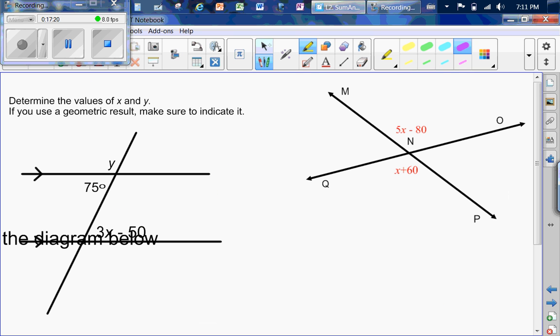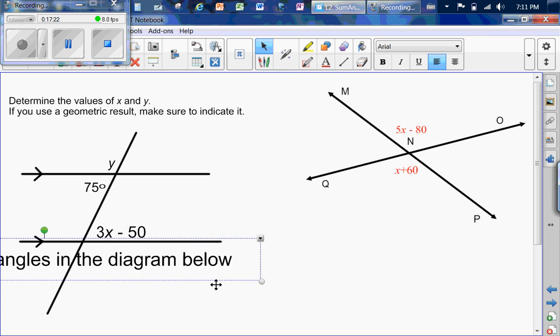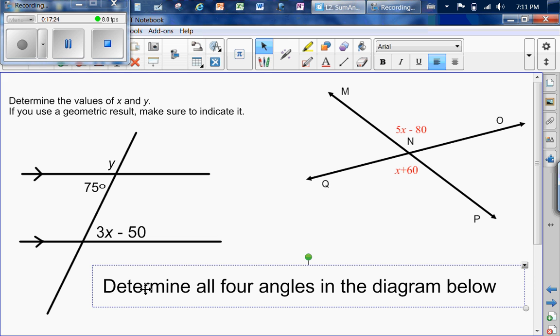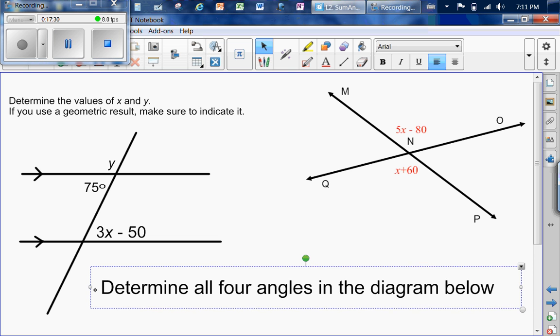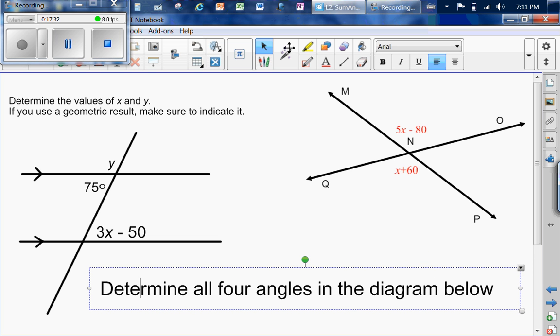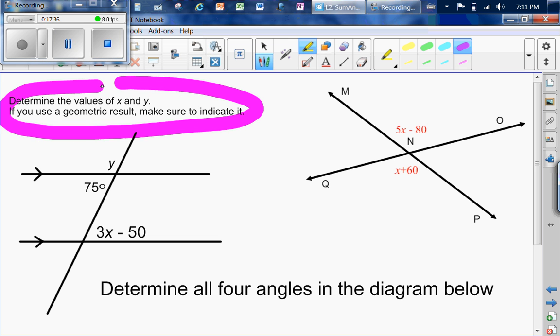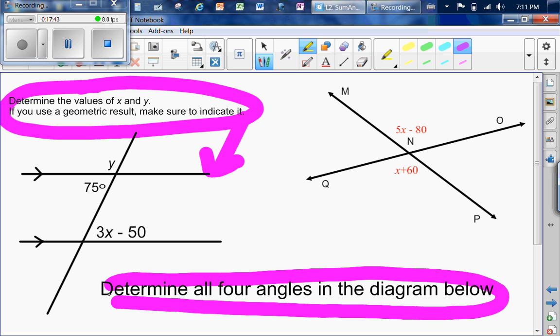Now I would like you to do this homework. You have questions in your workbook that you can work on. These instructions right here are for this diagram, and these instructions right here are for this diagram.